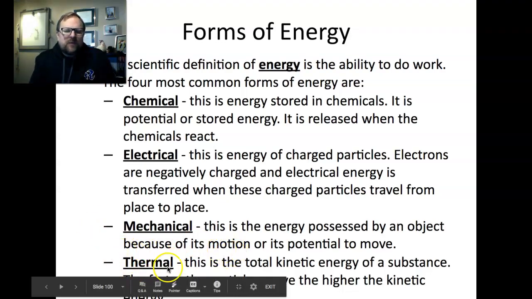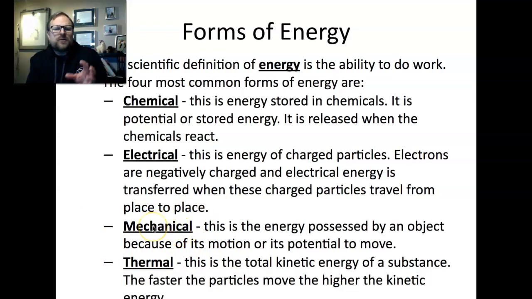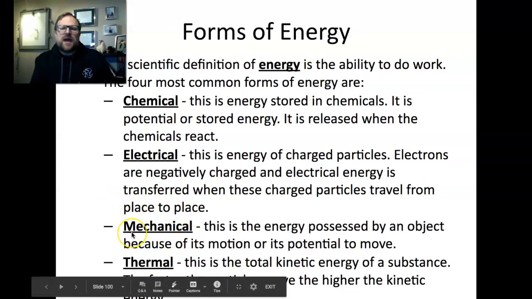Sorry, I should jump back. Mechanical energy is really strongly linked to kinetic energy. Kinetic energy is the energy of motion. A heavy object moving very fast has a lot of kinetic energy. A small object moving very slowly has very little kinetic energy. And machines take advantage of generating kinetic energy to do the work that they do.